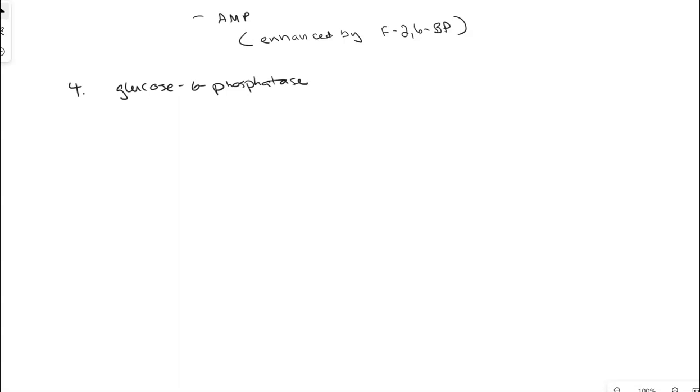So the final step in the gluconeogenesis pathway is the conversion of glucose 6-phosphate to glucose by the action of glucose 6-phosphatase. So this enzyme is present in the membranes of the endoplasmic reticulum of liver and kidney cells, but it's absent completely in muscle and brain. And for this reason, gluconeogenesis is not carried out in the muscle and brain.